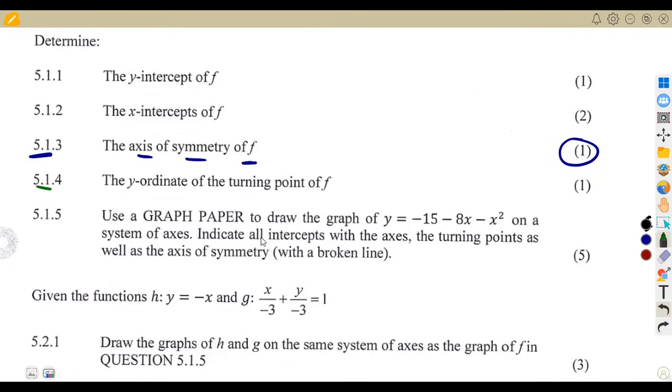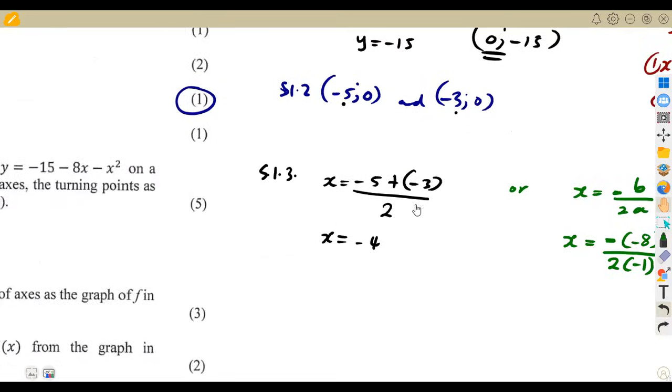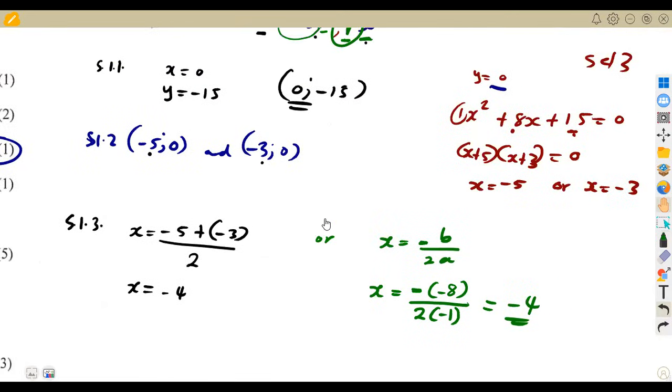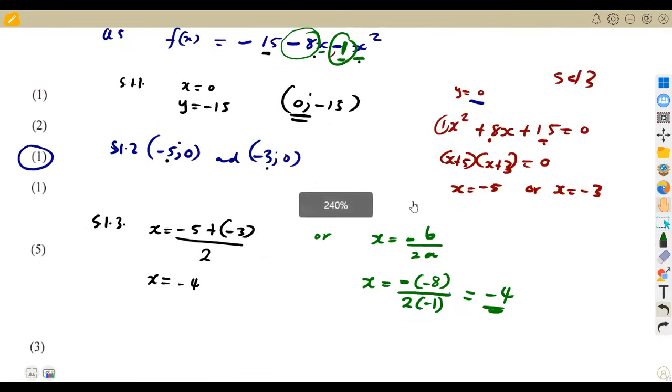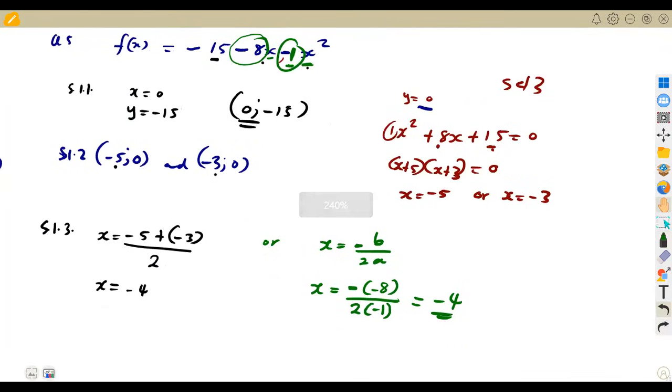Now the y-ordinate of the turning point. It's at a condition where we use the value of x at the axis of symmetry. Remember, if your graph is being drawn, where we have the axis of symmetry, that's where we have the turning point. That's where we have the maximum value.